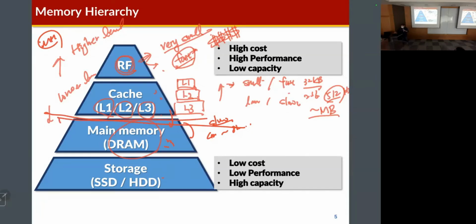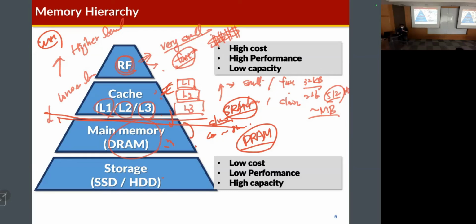But we cannot use a large on-chip memory in the processor. So usually we use SRAM, the static RAM, for the cache memory, but we use DRAM, dynamic RAM, for the main memory. SRAM is much more expensive than DRAM, but SRAM is faster than DRAM. The size is small because it's very expensive and SRAM requires more hardware resources.